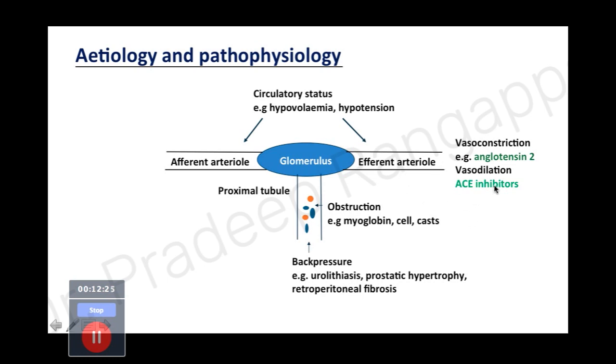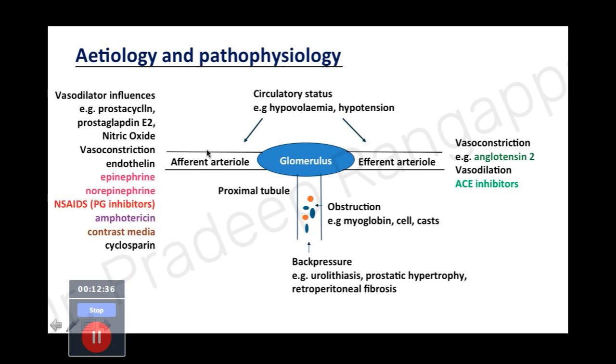We know that in patients on ACE inhibitors, there can be vasoconstriction of the efferent arteriole leading to acute kidney injury. Then there are drugs which act on the afferent arteriole, like contrast media and amphotericin, or adrenaline and noradrenaline, which can cause severe vasoconstriction, reduce renal perfusion and lead to acute kidney injury. So this is a pictorial representation of pre-renal, renal, and post-renal causes of AKI.